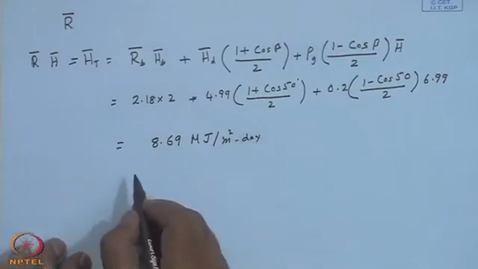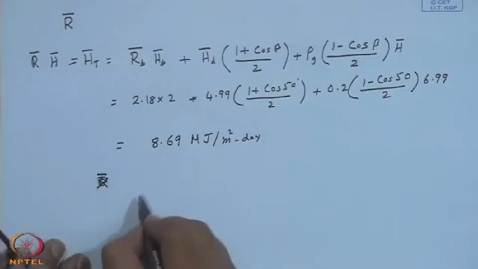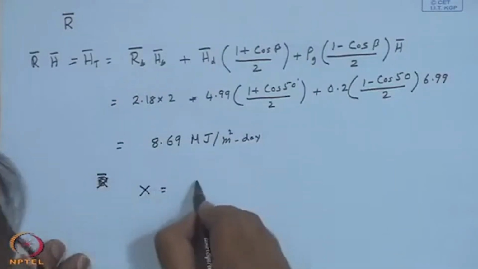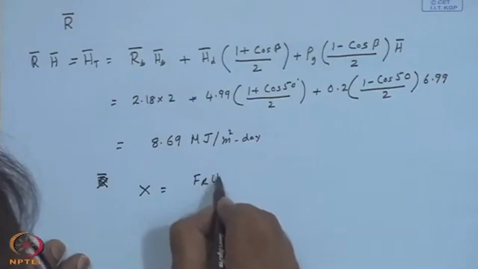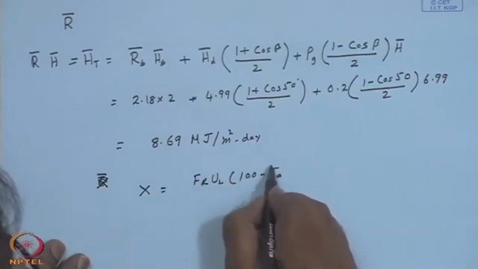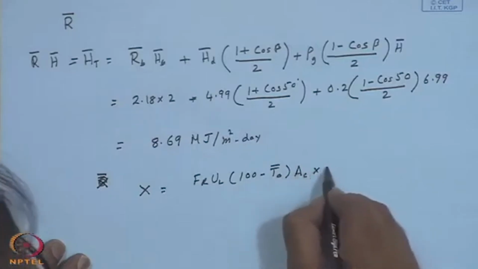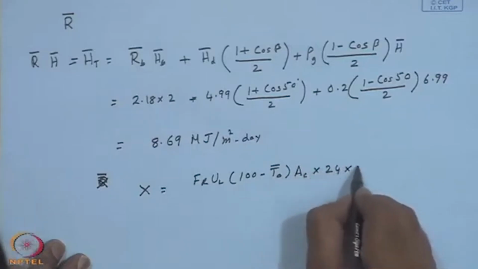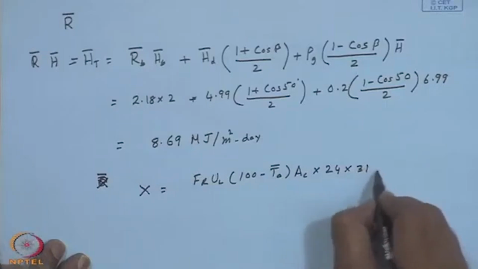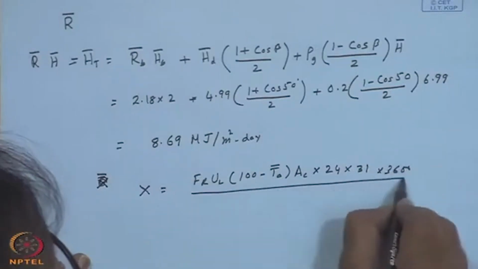So, now the f chart variable X is the non-dimensional collector loss. X is F_R U_L times (100 minus ambient temperature average) multiplied by A_c into the number of seconds in the month, by the load on the system.